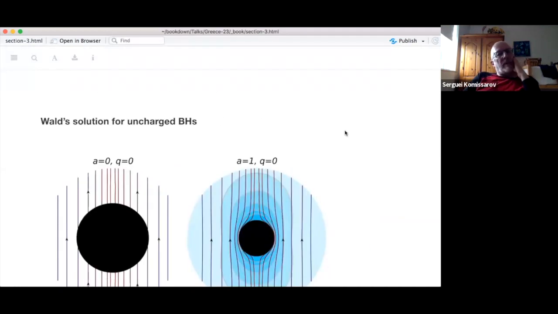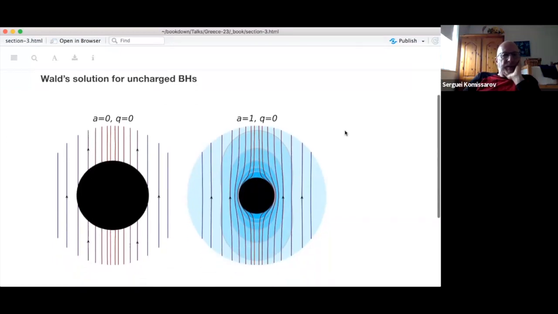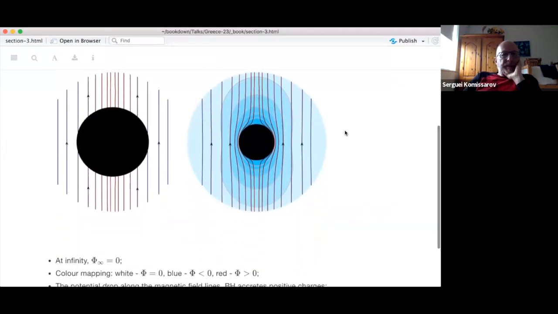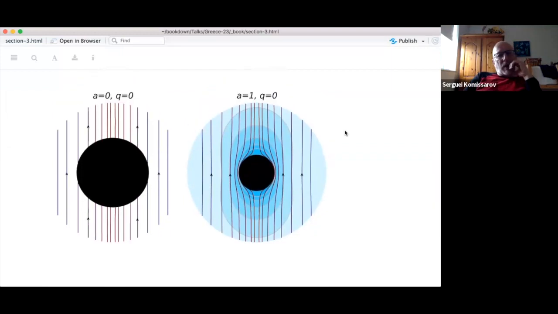Okay, so now let's look at the Wald solution. I will present a few plots for different values of the parameters of the Wald solution, or essentially different spin parameters of the black hole and different charge on the black hole. The lines will be the magnetic field lines. This corresponds to the event horizon of the black hole.